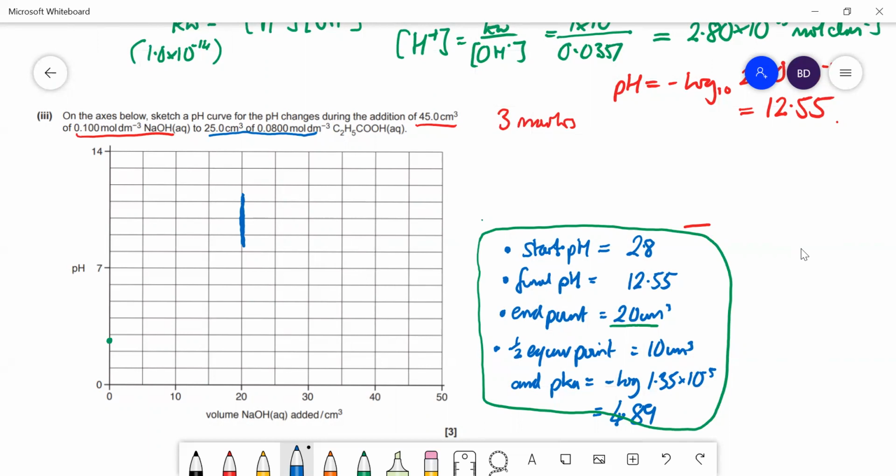Now the half equivalence point is going to be 10 centimeters cubed, and of course the pH at the half equivalence point is equal to the pKa for this. We know the Ka, so the pKa is 4.989, so we should have that there at about 5. So the half equivalence point should be about there, and you should have a little inflection in the line, so something like that.